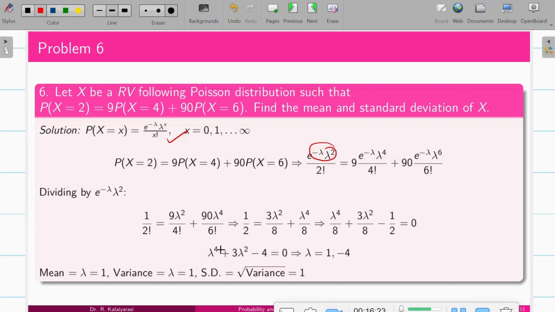Solving it as a quadratic, I got 1 and minus 4. Obviously the mean and variance cannot be negative, so your lambda is 1. So the mean and variance of this problem are equal to 1, and the standard deviation is root of 1, which is again 1.